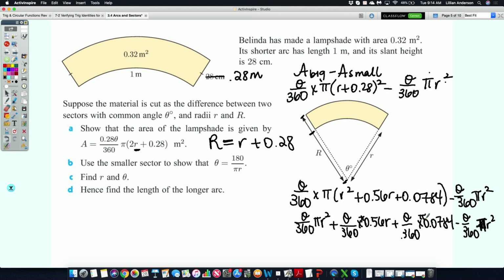What do you notice in that long line? Don't you see this theta over 360 pi r squared at the beginning and the end? So they can cancel out because one's positive, one's negative. So then you're just left with theta over 360 times 0.56 pi r, it doesn't matter where the pi goes, plus theta over 360 times 0.0784 pi. What else do you see?